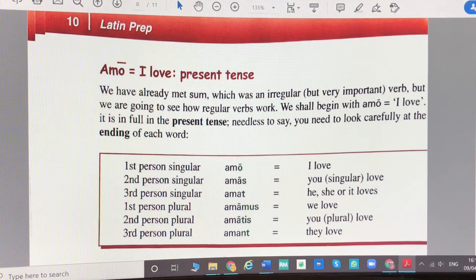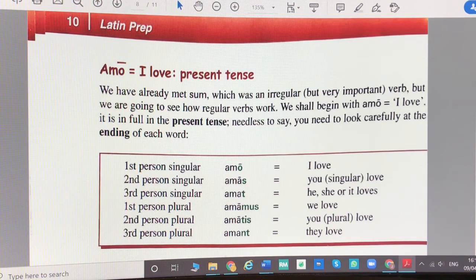You ought to be able, by heart, to recite fluently amo, amas, amat, amamus, amatis, amant. And you ought to know that each of those words means I love, you love, he, she or it loves, we love, you love, they love. You don't have to be able to say it very fast, but you must say it confidently and fluently and accurately.